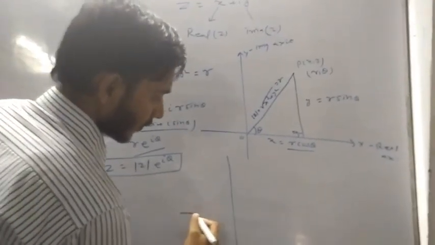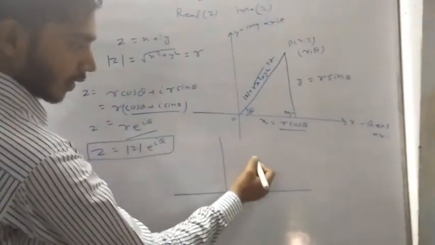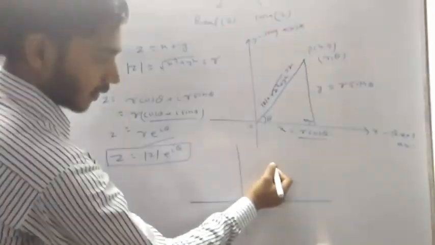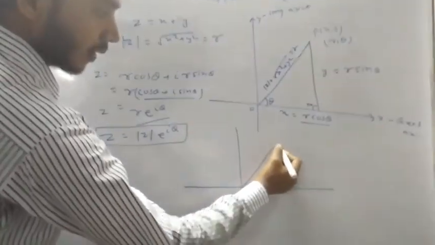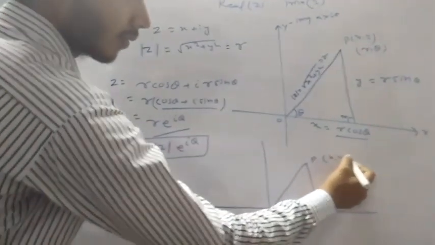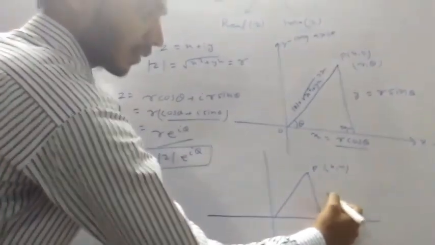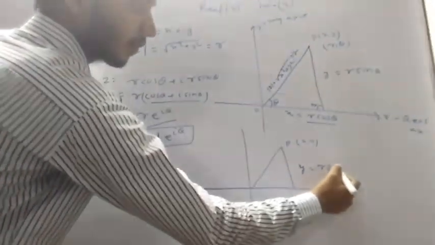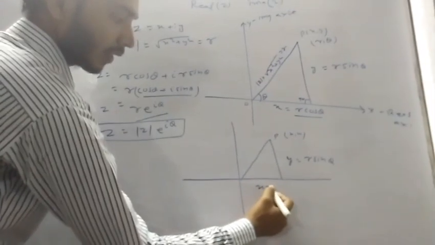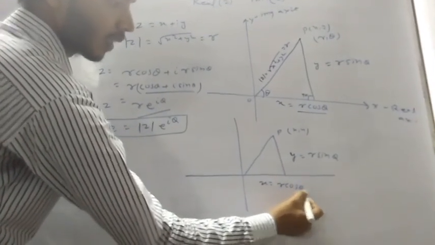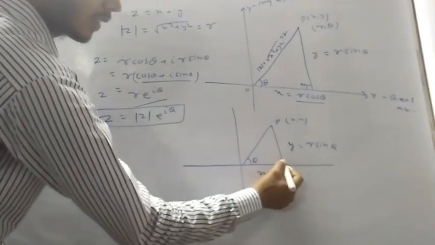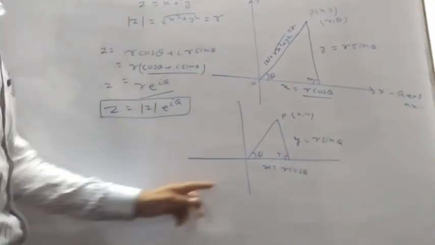Now we can again represent a point P. This is (x, y), y is equal to r sin theta and x is equal to r cos theta. This angle is theta, and this is 90 degrees. It's a right angle triangle.